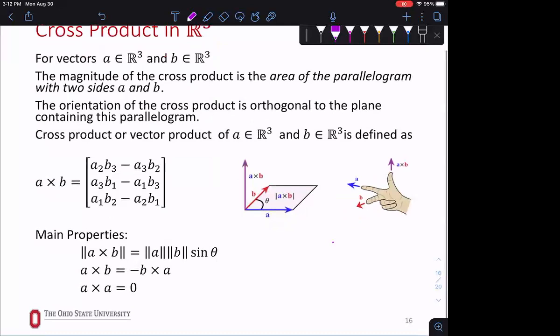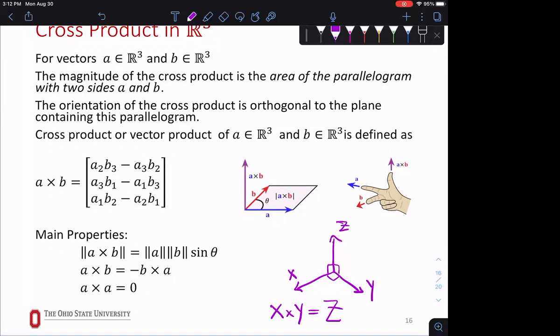So I'm going to draw the axes because we're going to use them a lot. If this is x and this is y, this is going to be your z-axis, and they are orthogonal. So x cross y is going to be z.